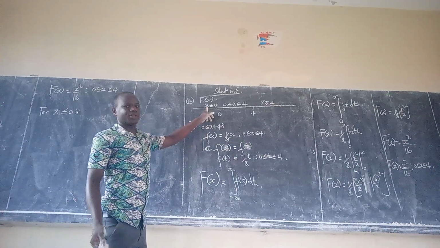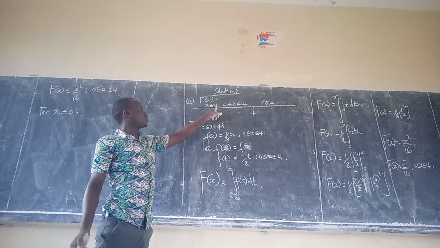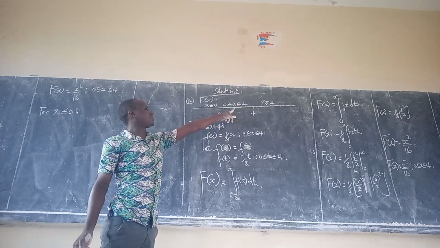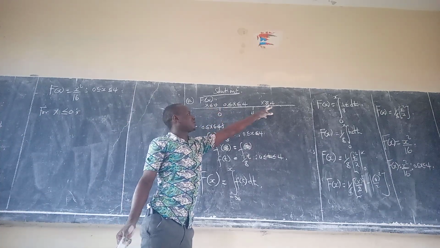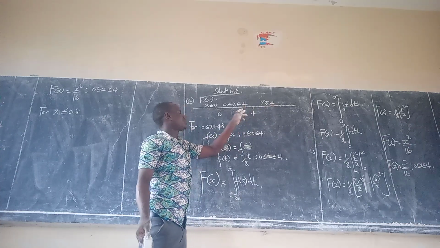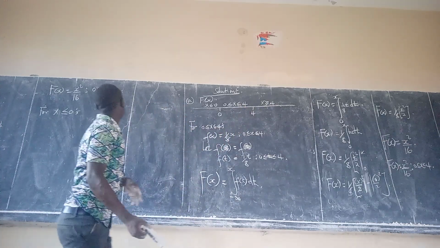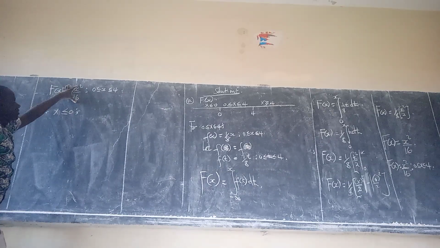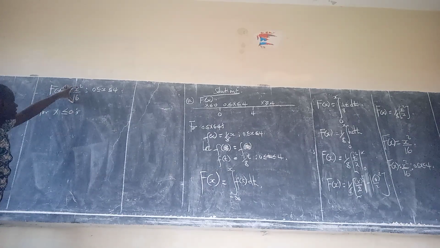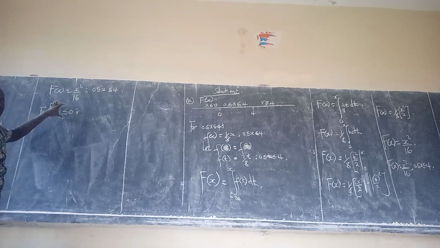For this interval, you have found this, and you get this, and you substitute it in this one. You get this, and you substitute in this capital F of x. So our capital F of x of the middle interval is this. Now we are going to use this and you get the capital F of x of this one.